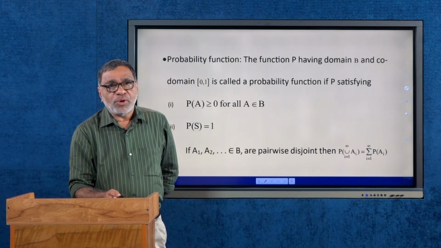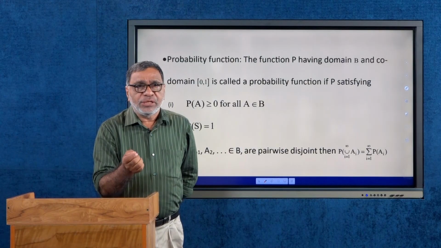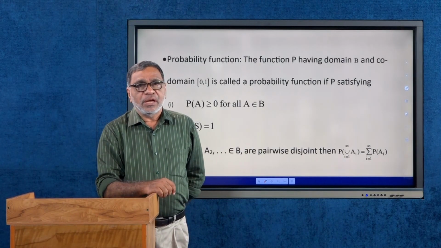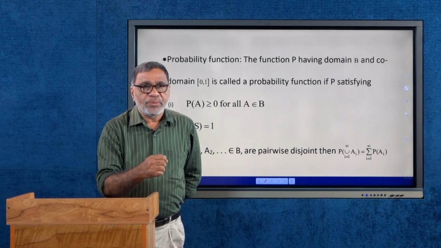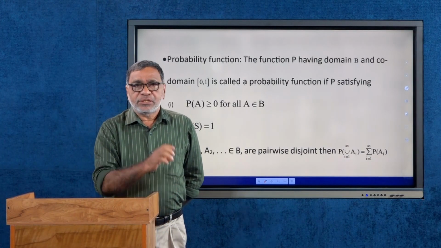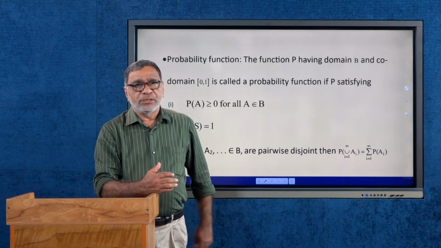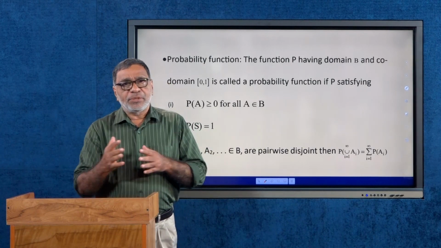And why are we defining the sigma algebra? Because we are going to define a function that is known as the probability function. What is the probability function? It is a function. So whenever we are defining a function, there will be a domain and there will be a range.